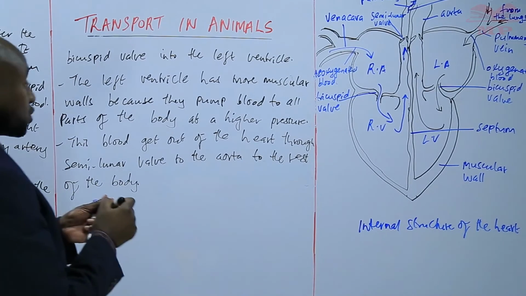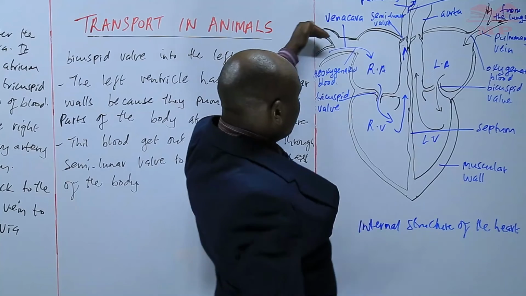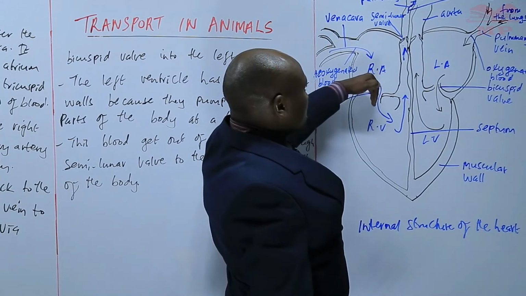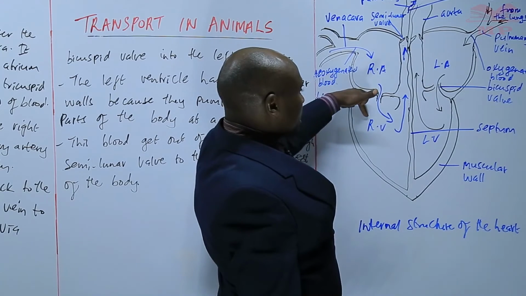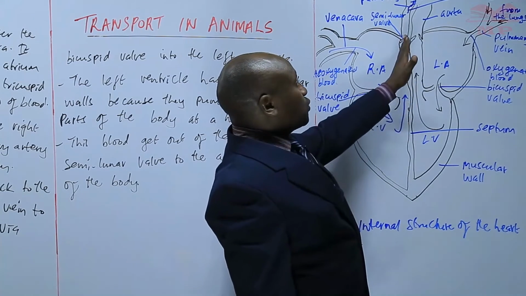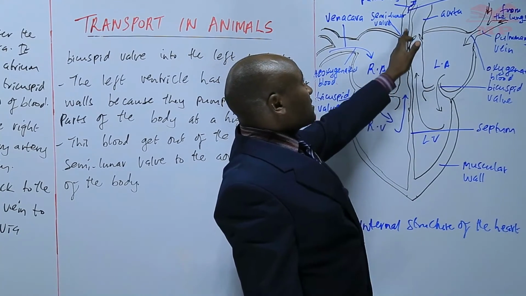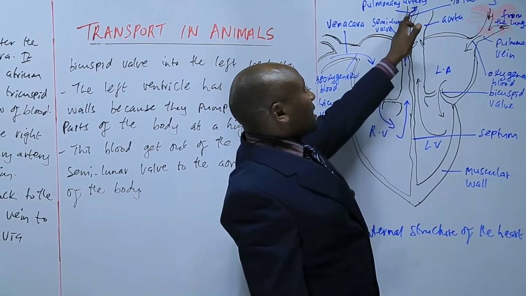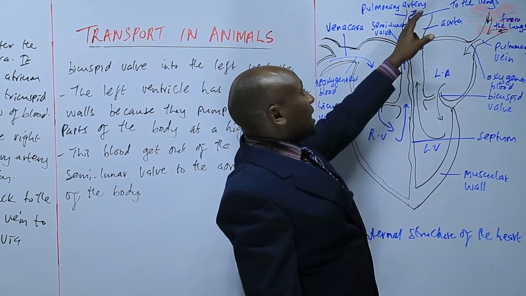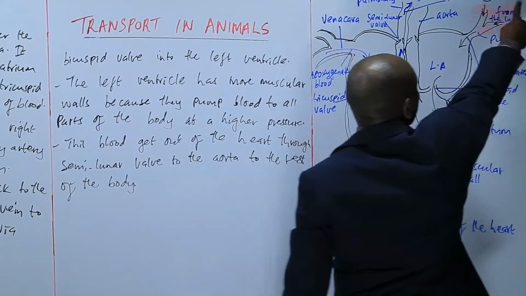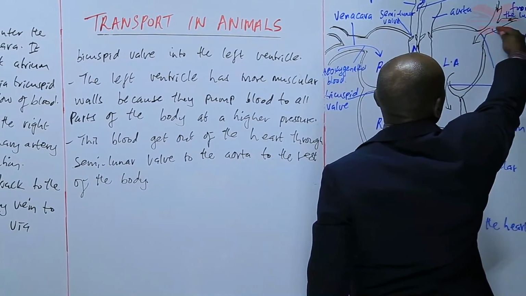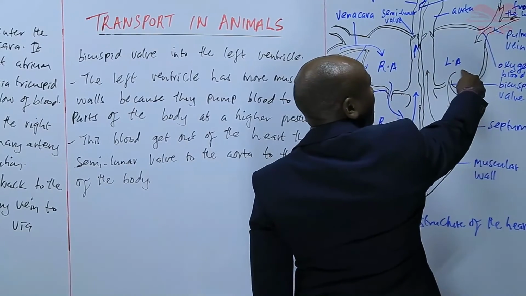So that generally shows how the blood enters the heart when it is deoxygenated through the vena cava, the right atrium, right ventricle, then out of the heart through the semilunar valves and pulmonary artery to the lungs, and then it comes back from the lungs through the pulmonary vein to the left atrium.